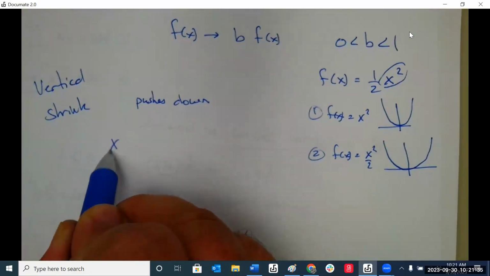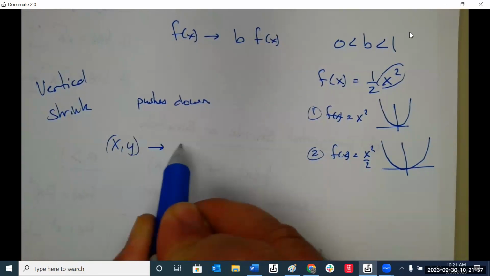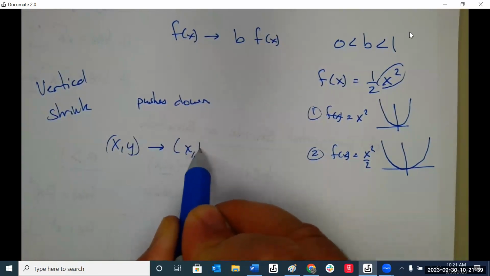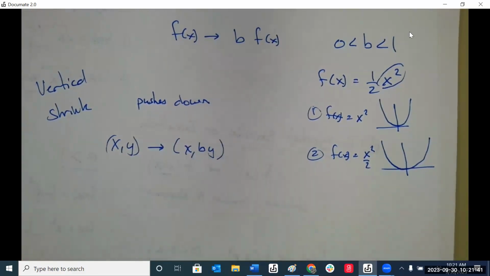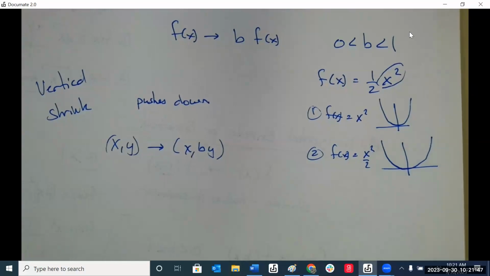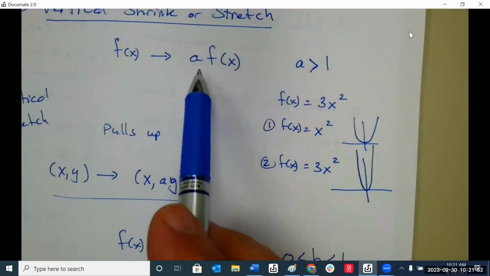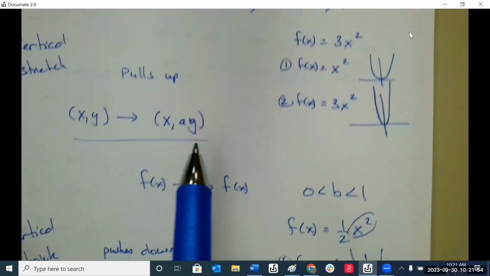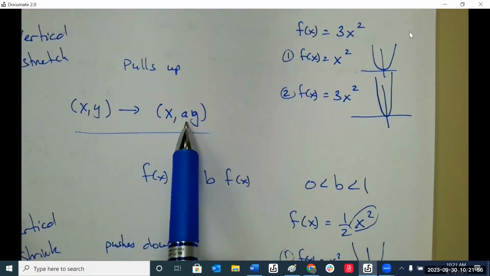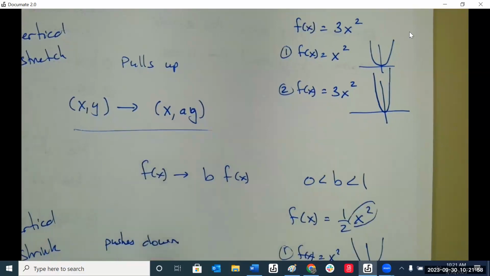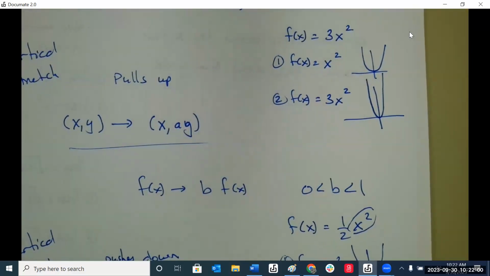And this one, your original point x, y now becomes x, b y, where b's a fraction. In other words, if you have a coefficient in front of your function, then all you're doing is really multiplying that coefficient to the y values. The x value is going to be the same, and then the y values change.